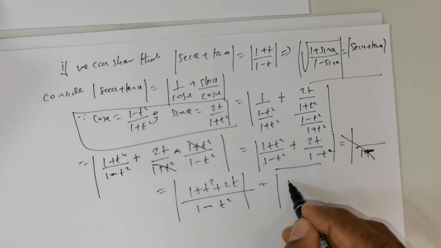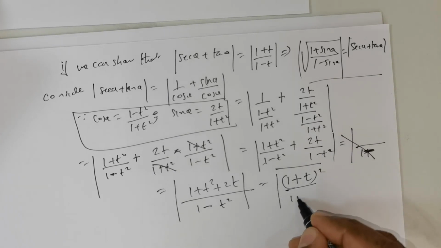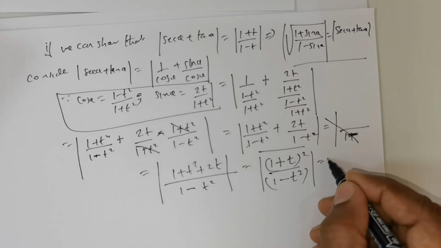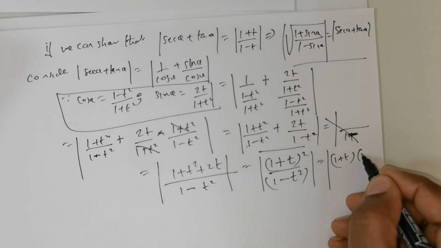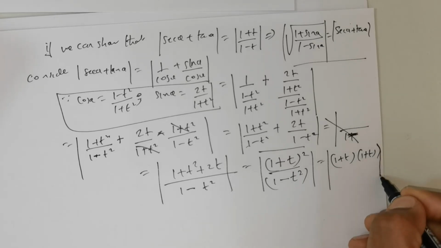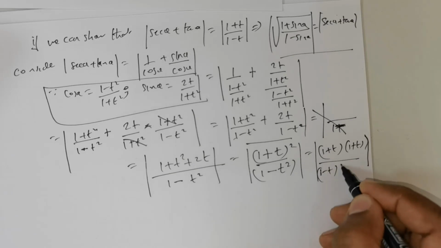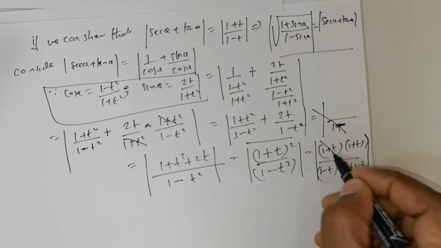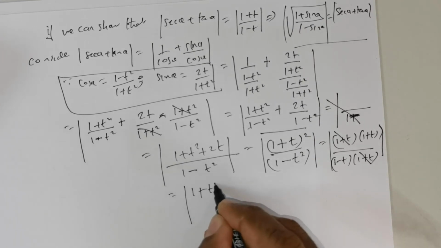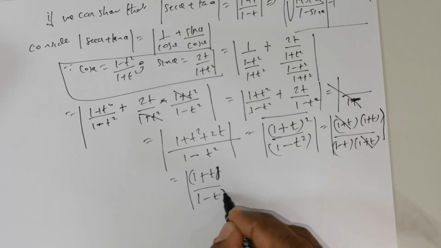This can be rewritten as (1 plus t) raised to the power of 2 divided by (1 minus t squared). Now this can be further rewritten as (1 plus t) times (1 plus t), with the modulus, divided by (1 minus t) times (1 plus t), since 1 minus t squared is written as (1 minus t)(1 plus t). One factor of (1 plus t) gets cancelled, giving me the modulus of (1 plus t) divided by (1 minus t).